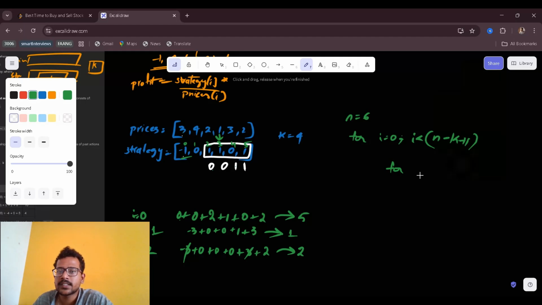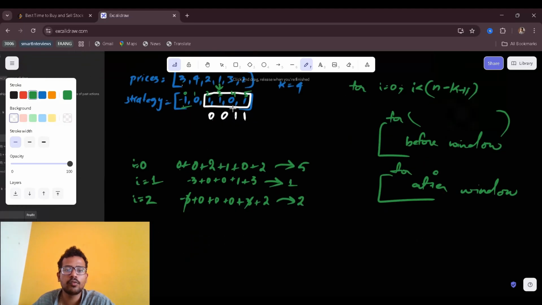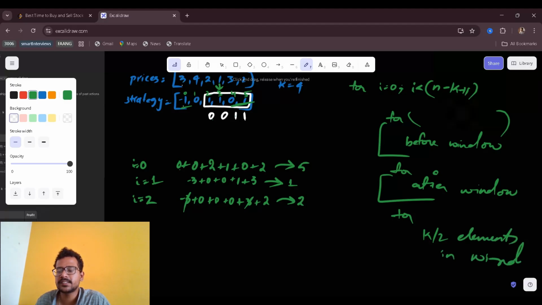So I start with two loops, one loop for before window and one loop for after window, again going from this to this, nothing but k by 2 elements in window.